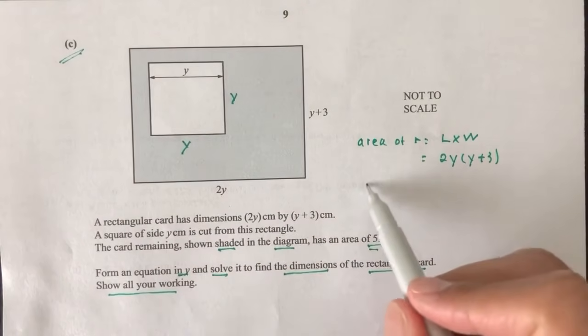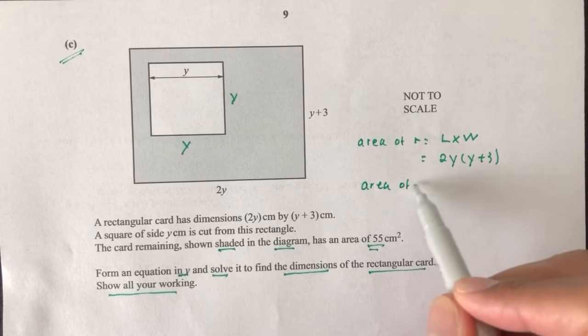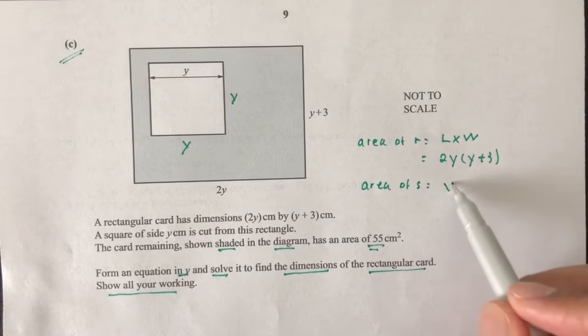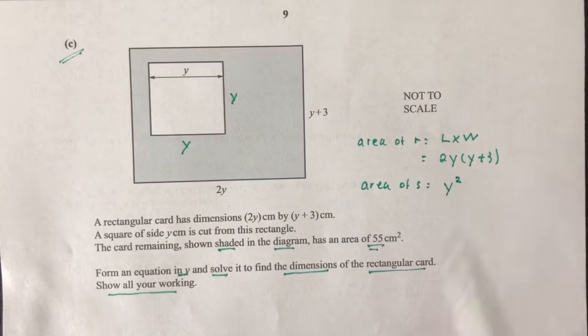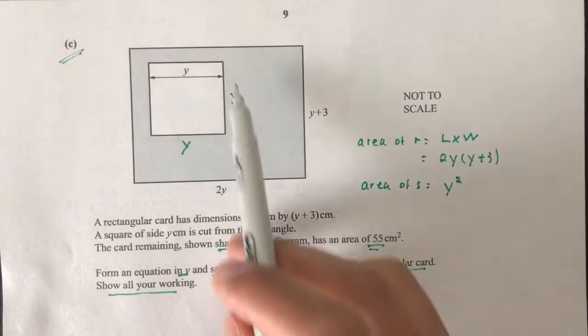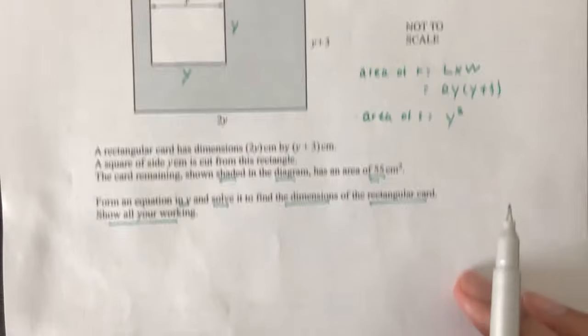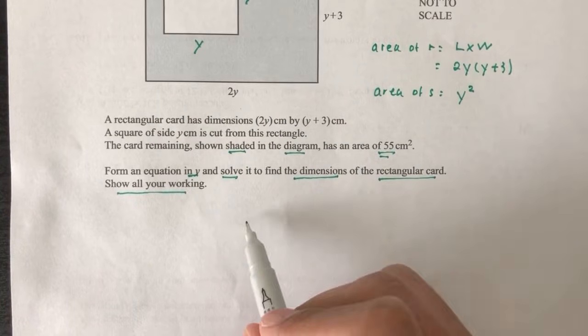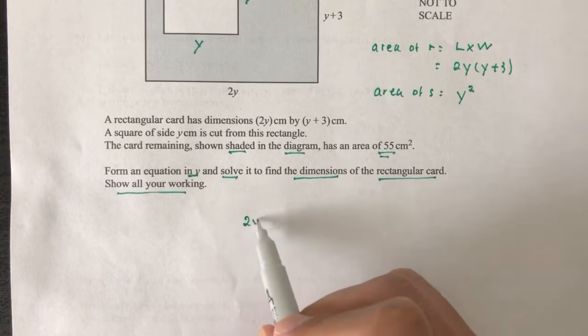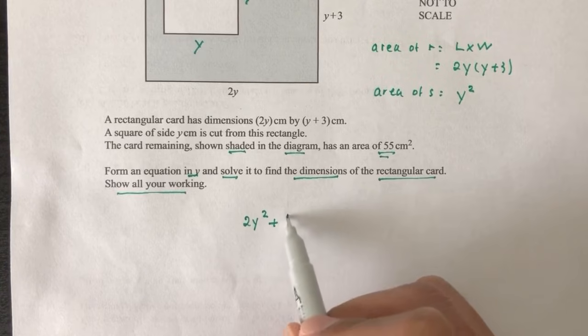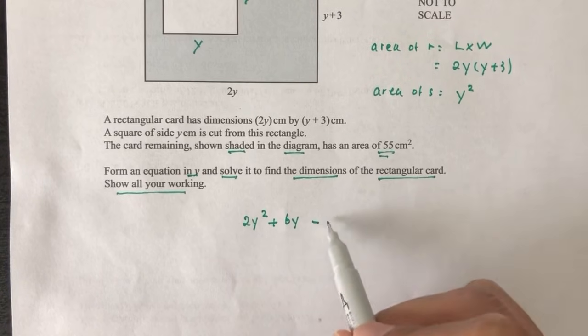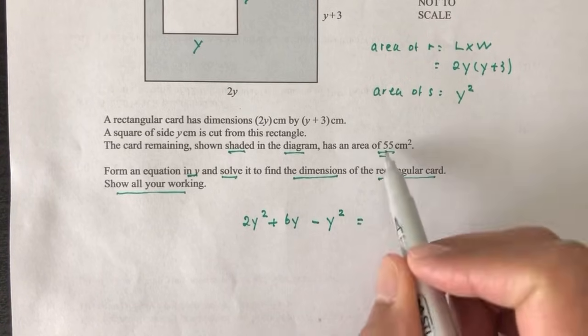It is y times y. So area of square is y squared. So if you want to find the area of this region, we have to take this one minus this one. So let's bring this here. If you expand the first one, we have 2y squared plus 6y minus this one will be y squared equal to 55.